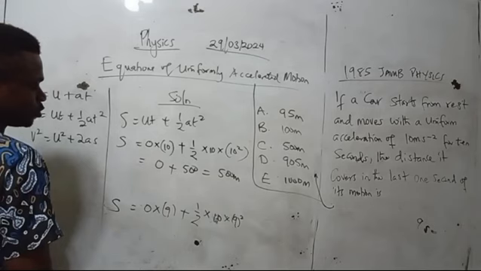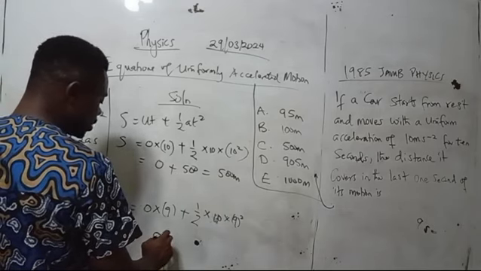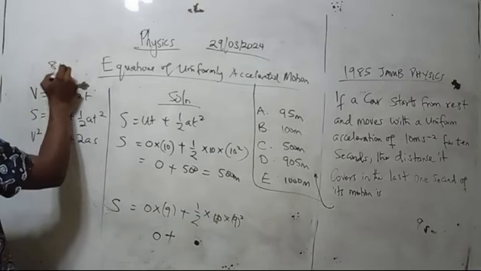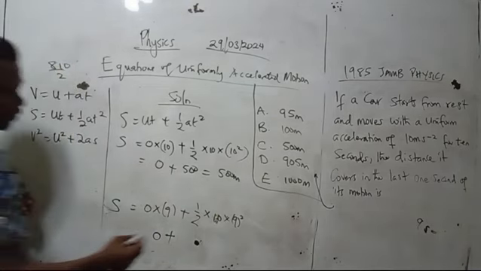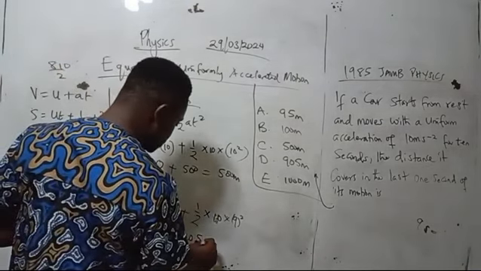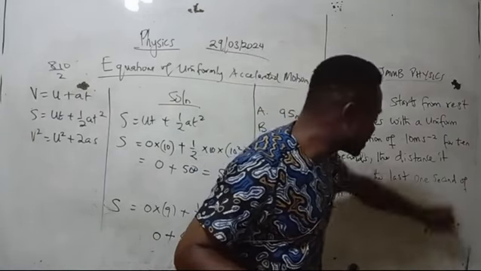The first term is already 0 because 0 times 9 is 0, plus 810 divided by 2 is 405. So the distance is 405 meters.